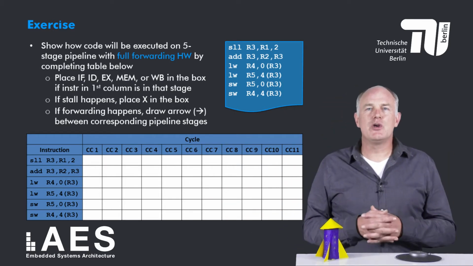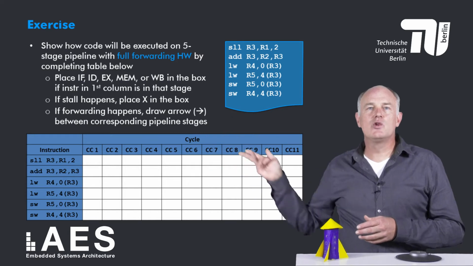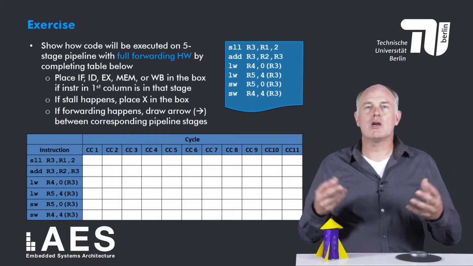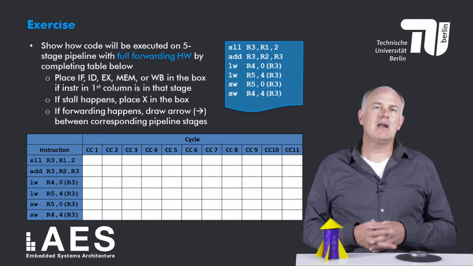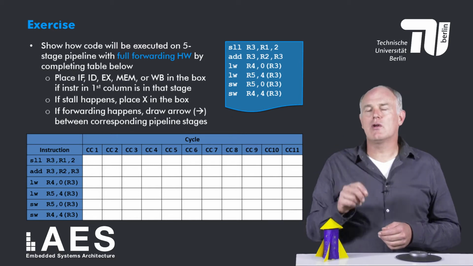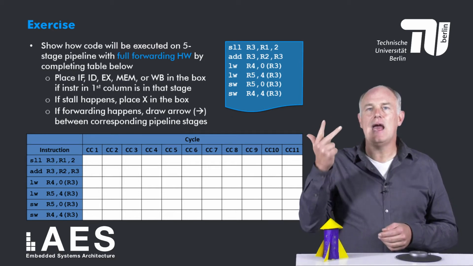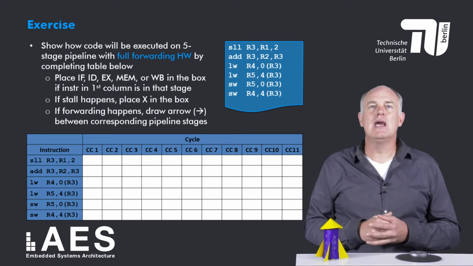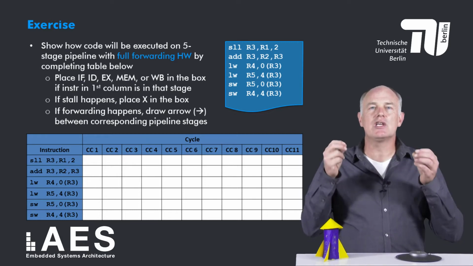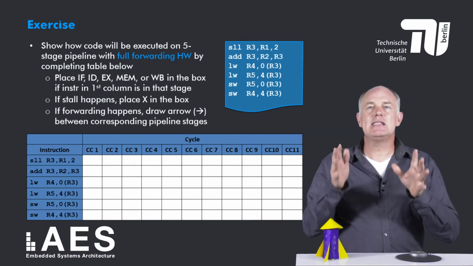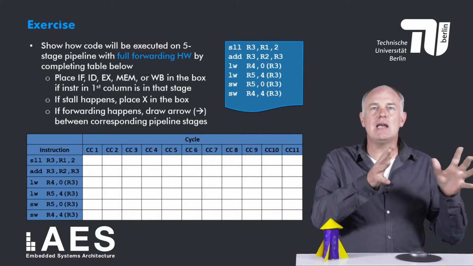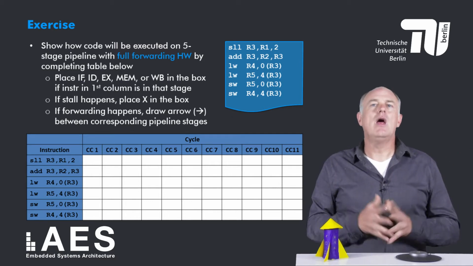The first column shows the instruction. The second to 12th column depict clock cycles. In particular, you have to place the shortcuts IF, ID, X, MEM or WB in a box if the instruction in the first column is in that stage during that particular cycle.